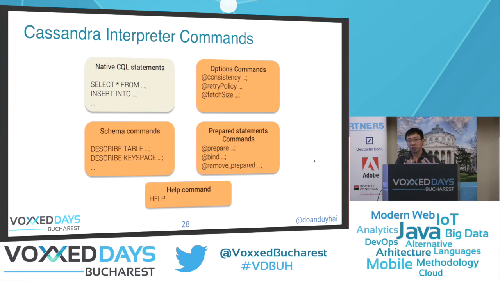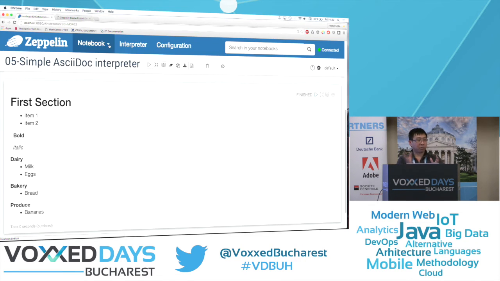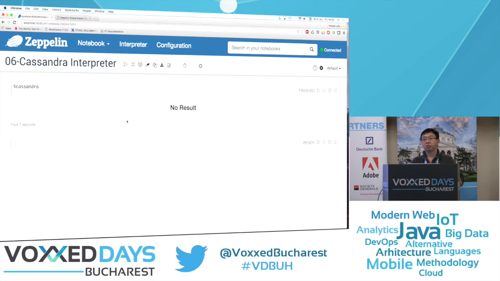But because I am creating my own interpreter, I can intercept every statement and create my own command if I want. I can create my own logic. So I create a logic for describe table, a logic for help. These commands do not exist in Cassandra. So if someone types describe table, I intercept this command, call an API to get the description of the table from Cassandra, and then format the result back. So it means that you can create your own extra commands. Let's see an example with a demo.